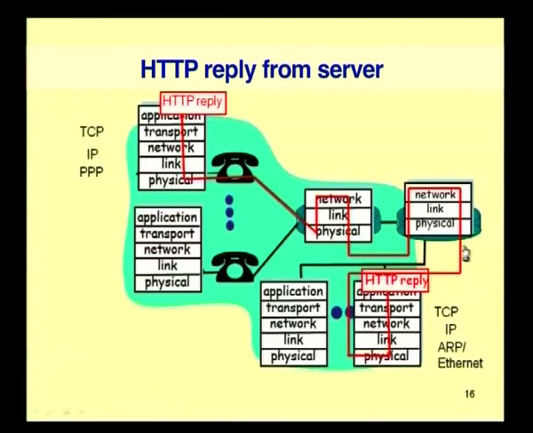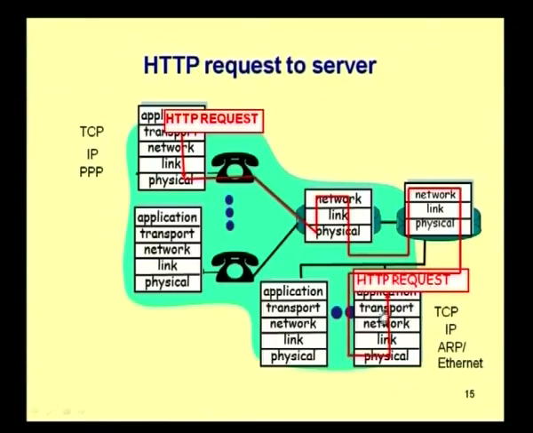If you look at the picture here, let me just go back one step. Here this router is sending information to this node. The data came from the network layer to the link layer, and the link layer had to know the link layer address before it could send it to the correct machine.